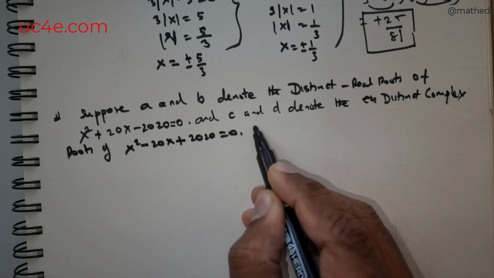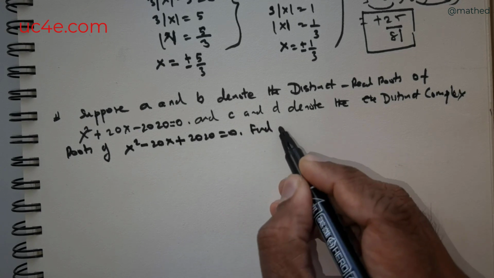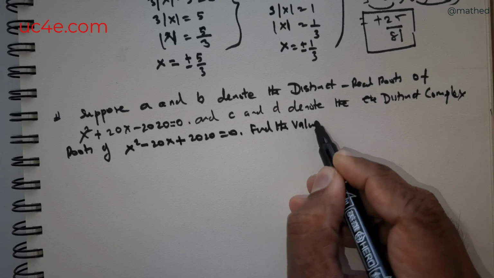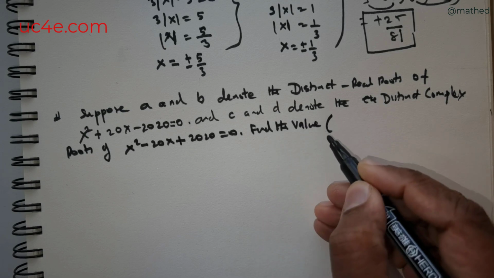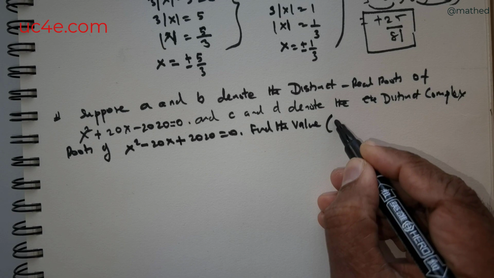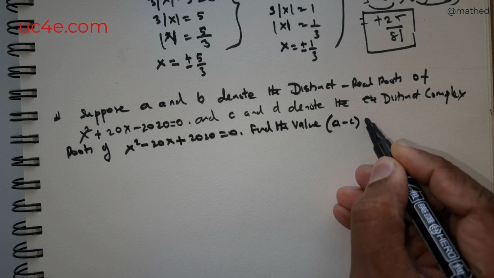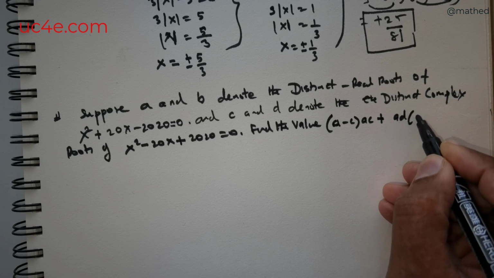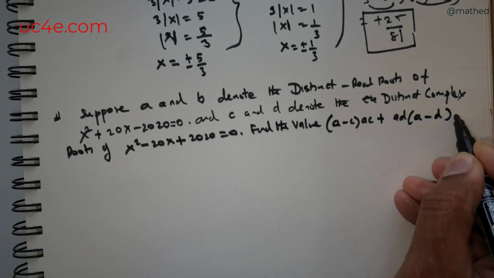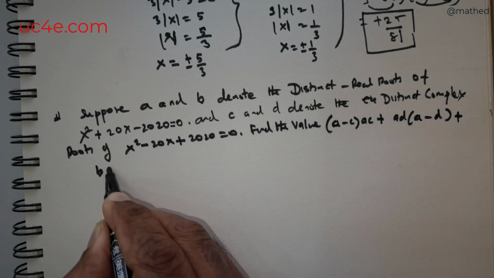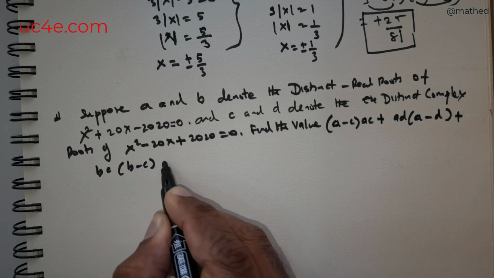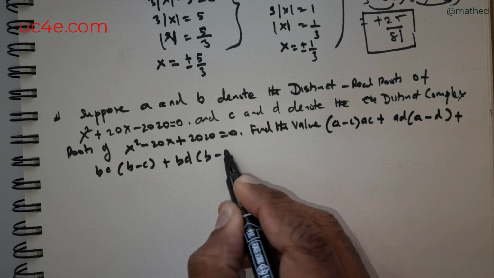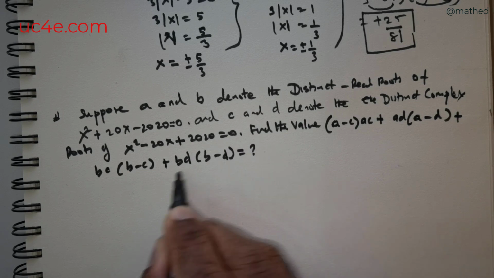Now we are expected to find the value of (A - C)(A - D)... more precisely AC(A - C) + AD(A - D) + BC(B - C) + BD(B - D). This is required.